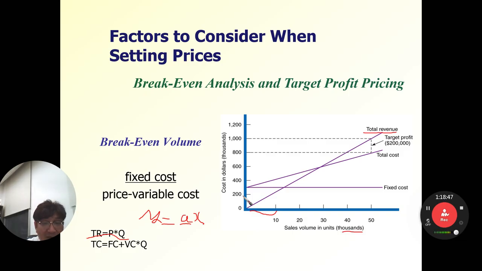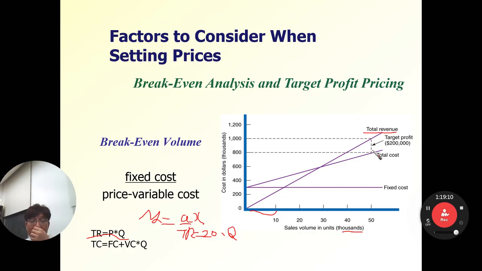Then what is your price? Yes, the price is 20, right? So TR is 20 times Q. The price is 20. If you sell 10 units, your total revenue is 200. See, it is not so difficult, right?